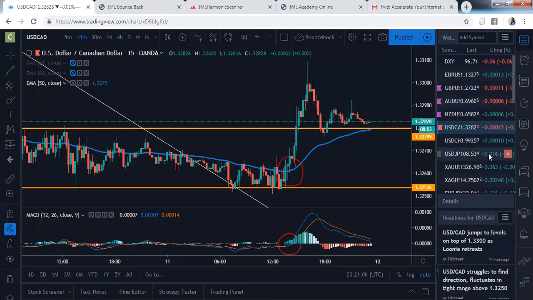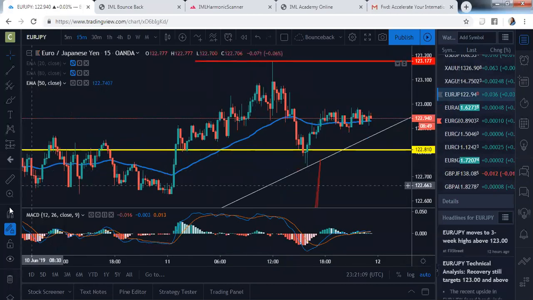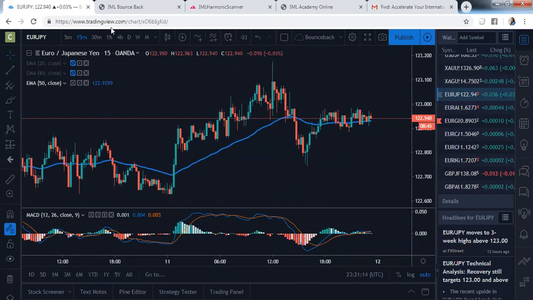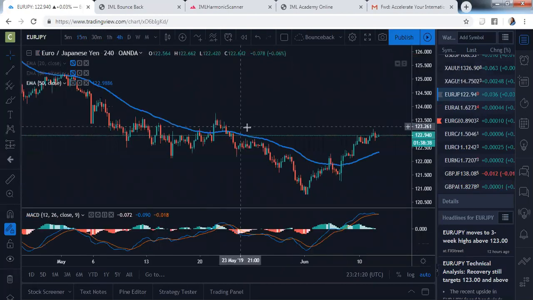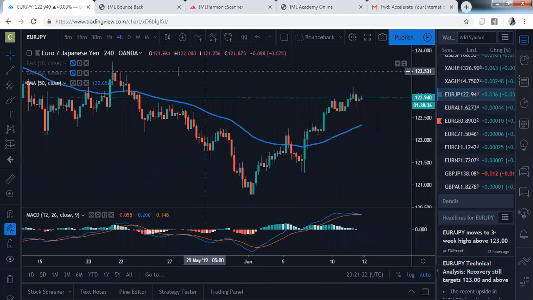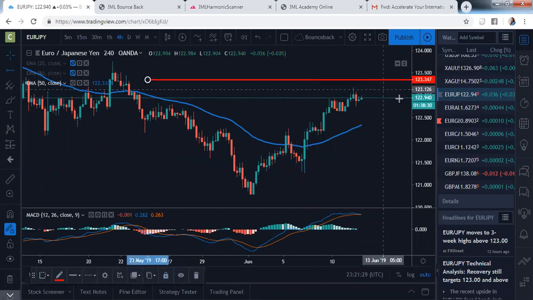So we're going to go to Euro JPY. I'm going to remove it because we're going to do it together. So we're going to go Euro JPY, and it's 122.810 on the 4-hour time frame. We're going to use a horizontal ray to identify where 122.810 is.